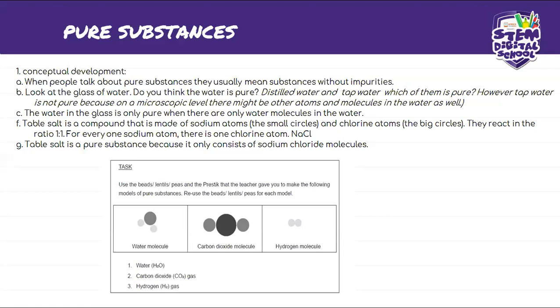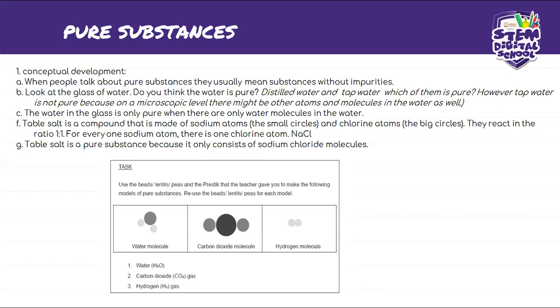You see, the one from the tap will not be pure because it has other impurities in there. The water in the glass is only pure when there are only water molecules in the water. But if there are other impurities, then it's going to be what? Impure.